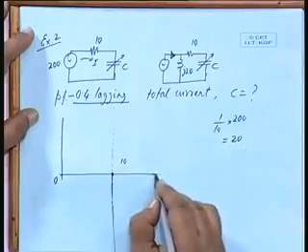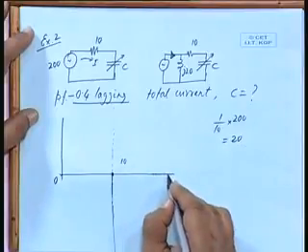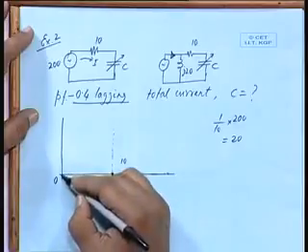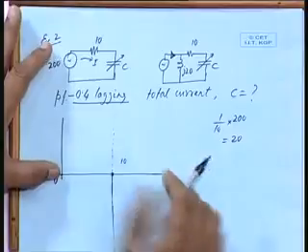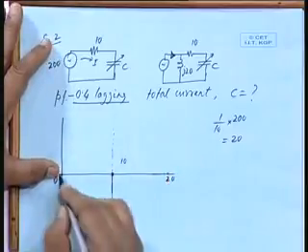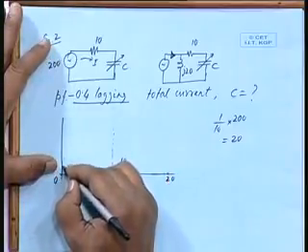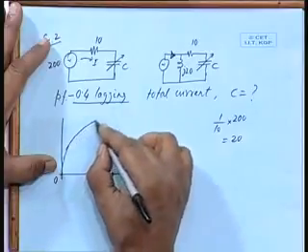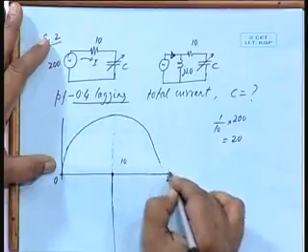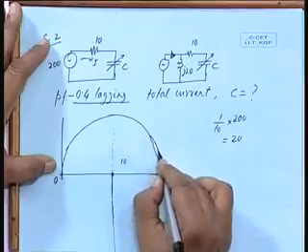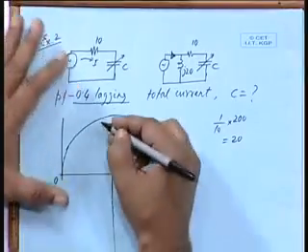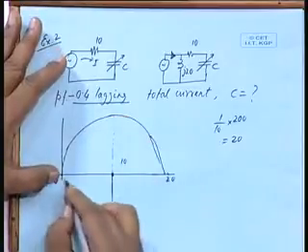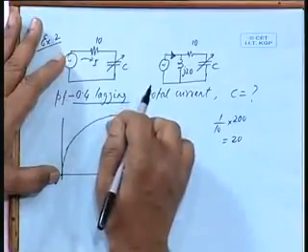So, 20 amperes, I will choose 20 units with this 20 as the diameter. I will draw a circle. I need not draw a circle, I can draw only a semicircle, because inverse of this will come in the first quadrant. This is in the fourth quadrant. So, inverse will come in the first quadrant.